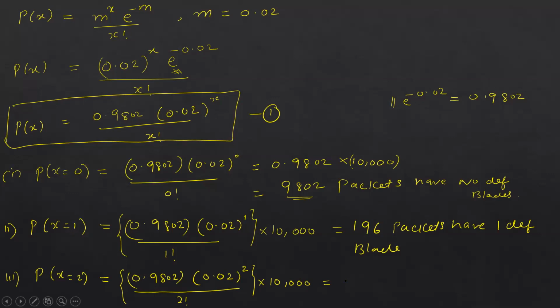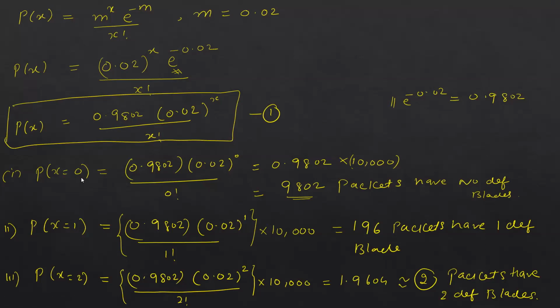So just give me the answer approximately. 0.9802 into 0.02 whole square divided by 2 into 10,000. I'm getting approximately 1.9604. So approximately we can write 2 defective. So 2 packets approximately have 2 defective plates.